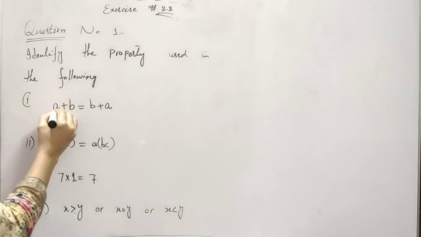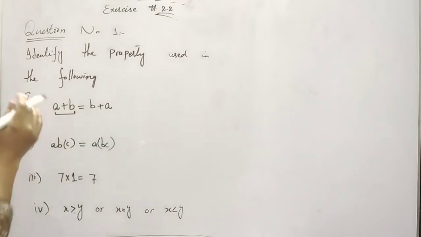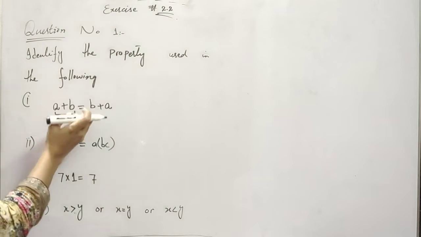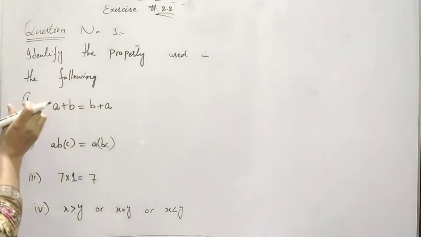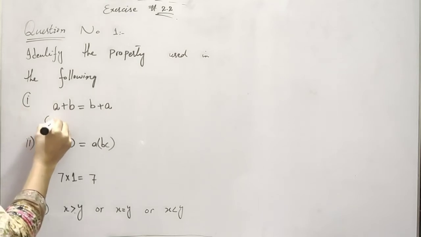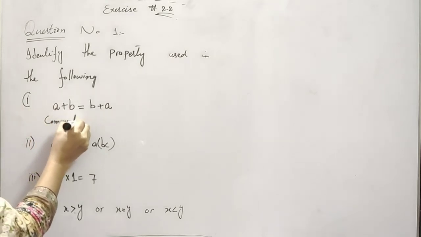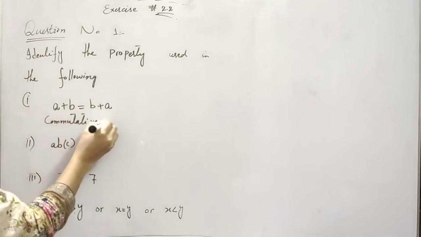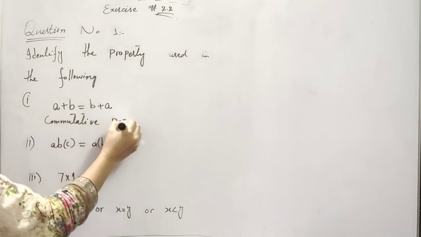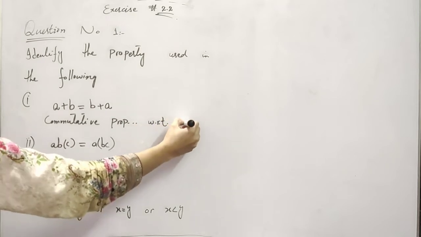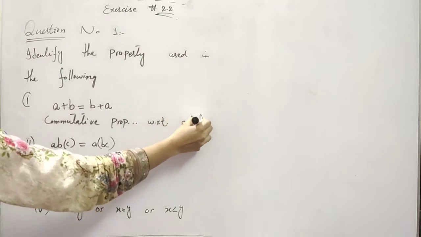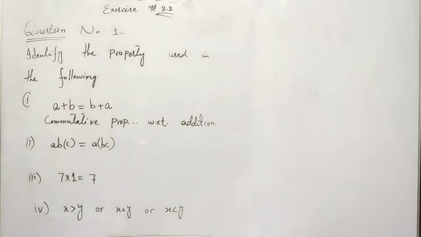It means that if we add any two numbers, the first number plus second number or second number plus first number, the answer is the same, and this is called the commutative property with respect to addition.